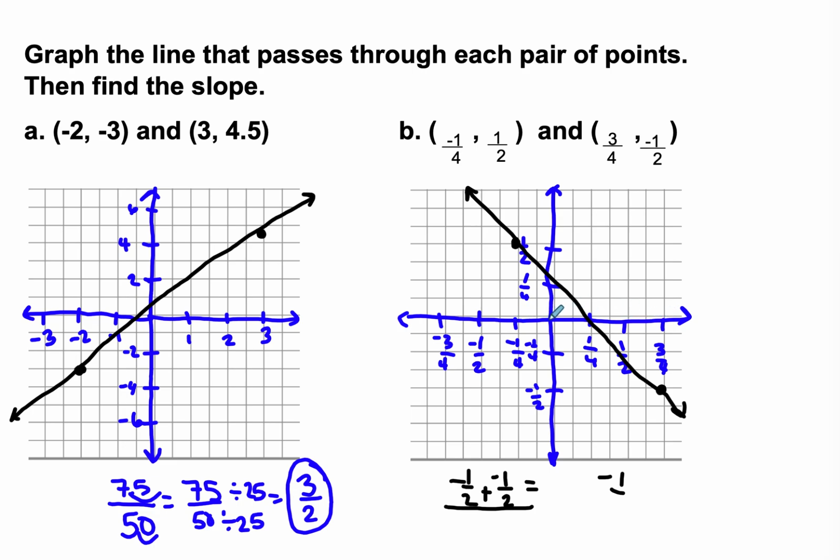So 1/4, 2/4, 3/4, 4/4, that's 1 on the bottom. And again, if you want to, you can show the subtraction. 3/4 minus -1/4, 3/4 plus 1/4 is 4/4, which is 1. -1 over 1, the slope of -1.